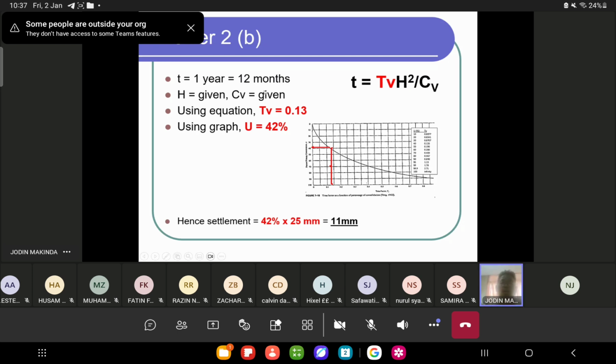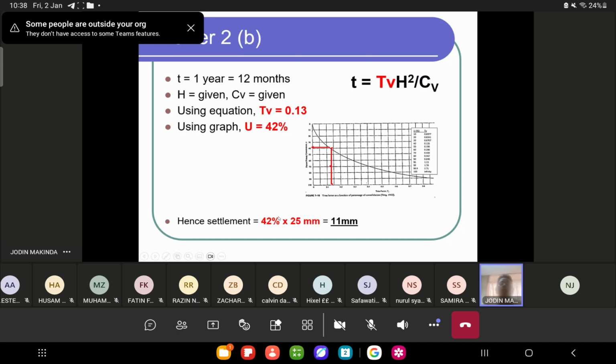CV is given. Therefore, we can use it to solve for settlement. Okay, use the equation. Put all the values in here: T, H, and CV. And then use the table. If TV is 0.13, it means the fraction U is 42%.